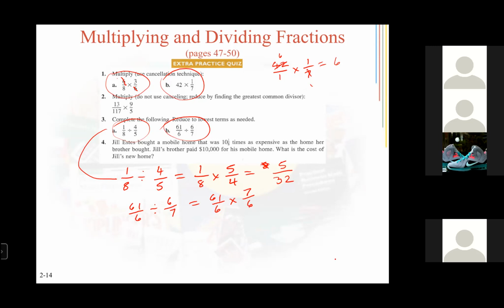And you don't have any canceling here. So you just have to work it out. So 7 times 61 is 427 over 6 sixes are 36.